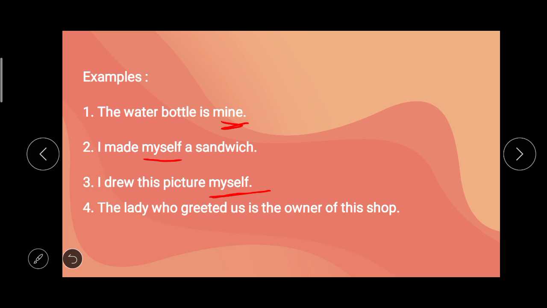And the last one, that is number 4 sentence, the lady who greeted us is the owner of this shop. Here the word who is showing us the relation of the noun and the pronoun used in a sentence.